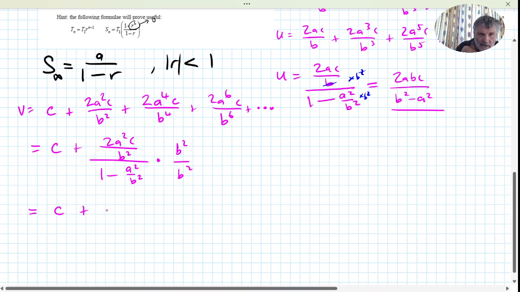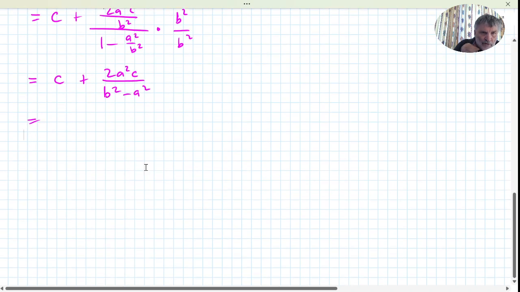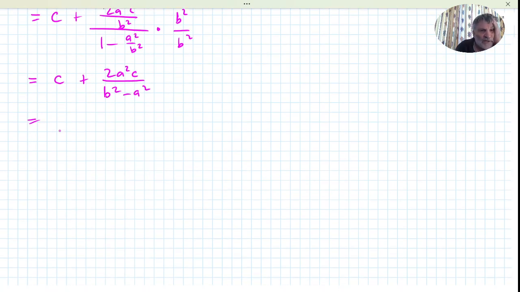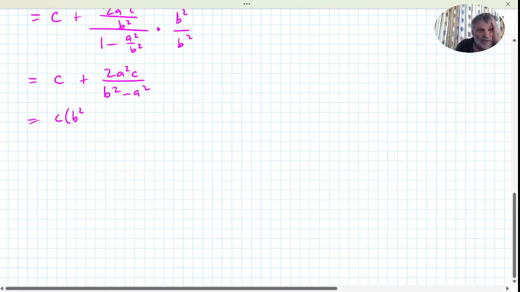We get c plus 2a squared c over b squared minus a squared. Put all this on a common denominator, so this becomes c times b squared minus a squared plus 2a squared c over b squared minus a squared.